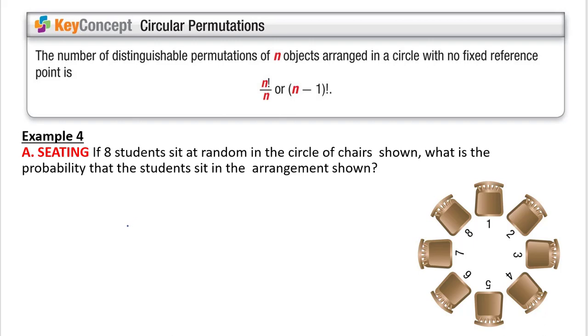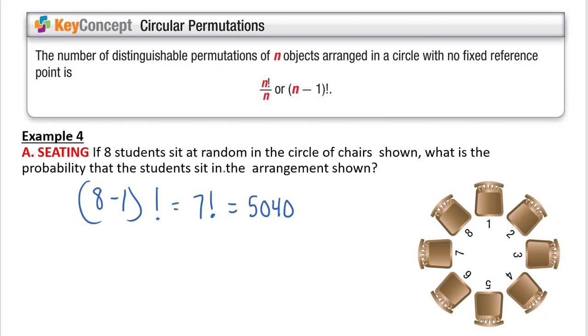So in our example here, I have 8 students that sit randomly in this seating, and there's no fixed point. So I have 8 minus 1 factorial, which is 7 factorial. So the number of ways that I can have this is 5,040.